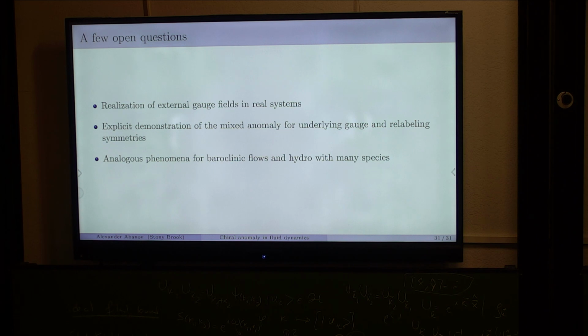In this sense, these axial gauge fields which we introduce are conjugated to helicity density and to vorticity, to these quantities. So in principle, I can study some complicated configurations with distributions of helicity just by turning on those fields and finding stationary solutions, and then maybe releasing those fields and looking at the dynamics. So there is a more formal way, but it would be nice also to realize it in nature directly.